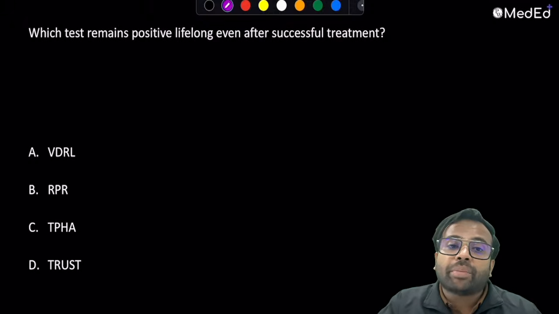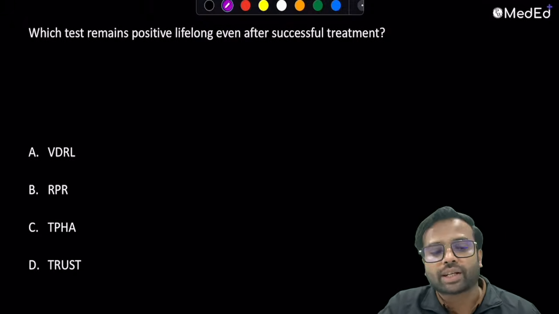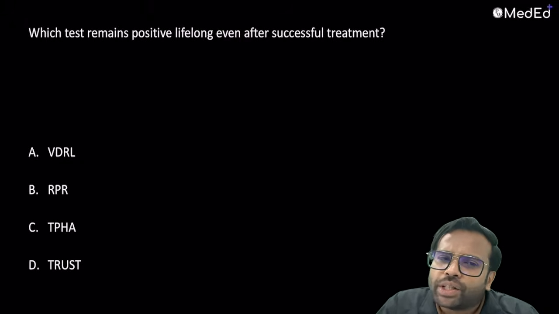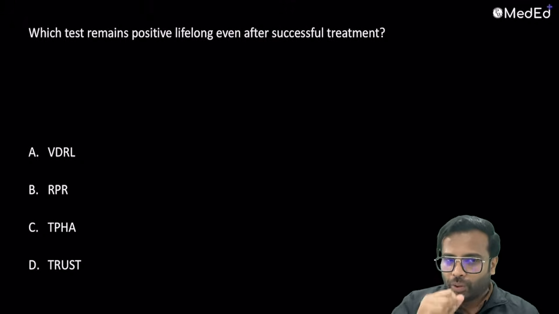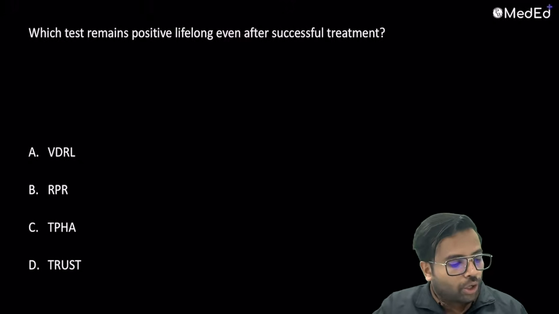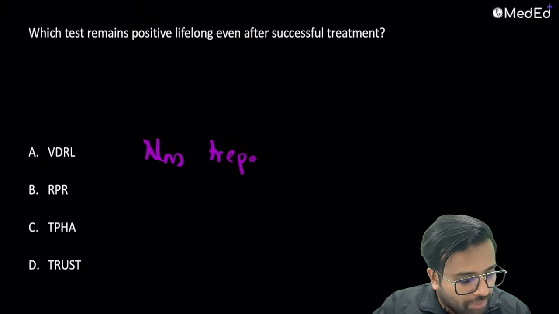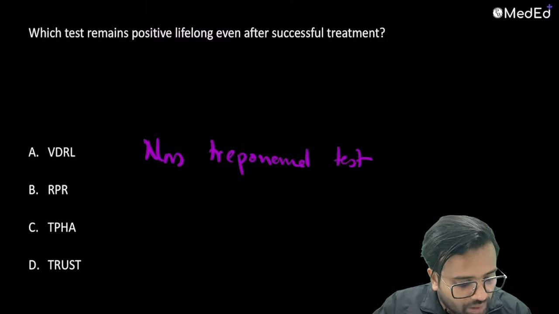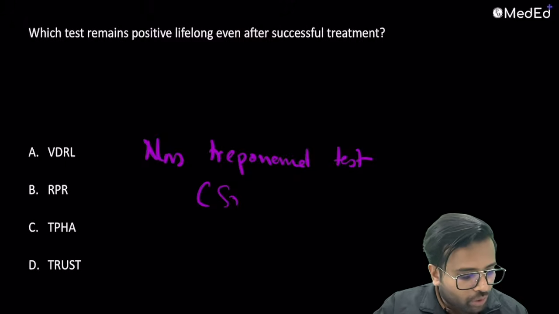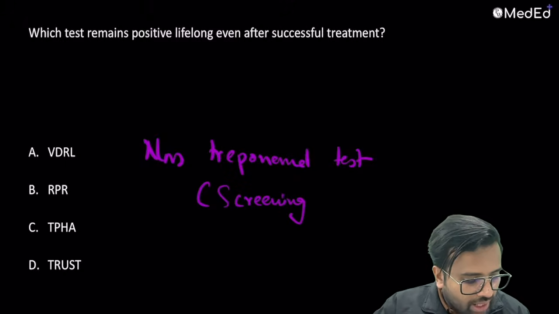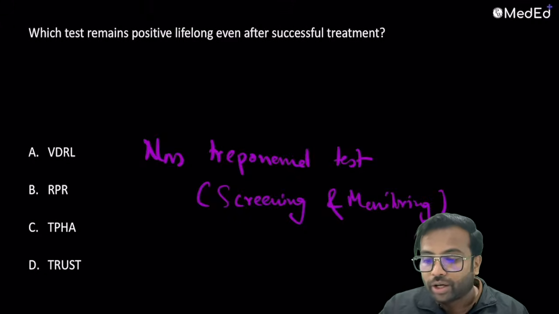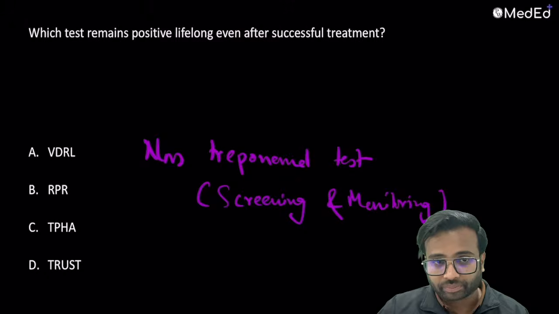And which test remains positive lifelong even after a successful treatment? Anyone who can answer this? Is VDRL going to be positive lifelong? RPR going to be positive lifelong? TPHA or TRUST? So remember, non-treponemal tests are mostly used for screening and monitoring, and they usually do not stay positive throughout, isn't it?